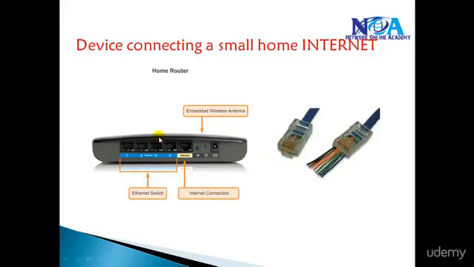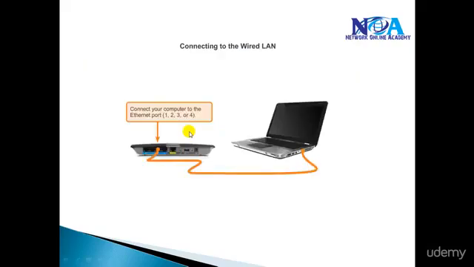If you're using broadband connections through DSL operators or telephone operators, it also has an inbuilt modem which will convert your audio signals, or analog signals, to digital signals as well. So it will do a lot of jobs.